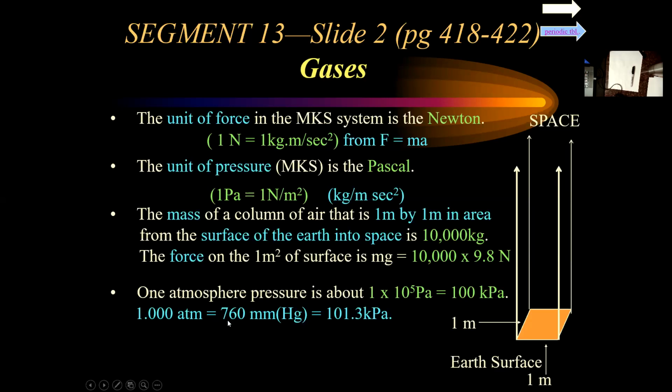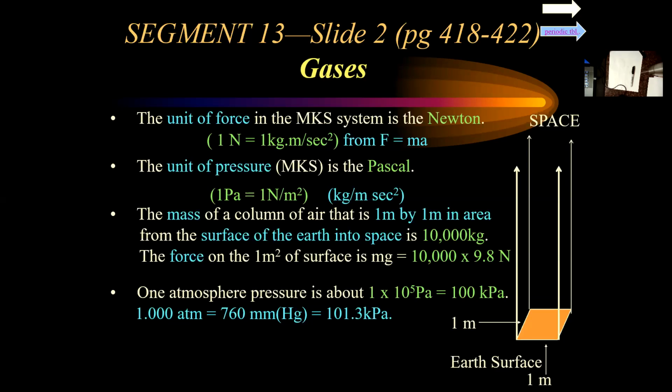And that will also support a column of mercury that's 760 millimeters tall. And 760 millimeters is 1 atmosphere, that's also 101.3 kilopascals. So this gives me a conversion from atmospheres, which is the unit you've probably seen before for pressure, into SI unit.